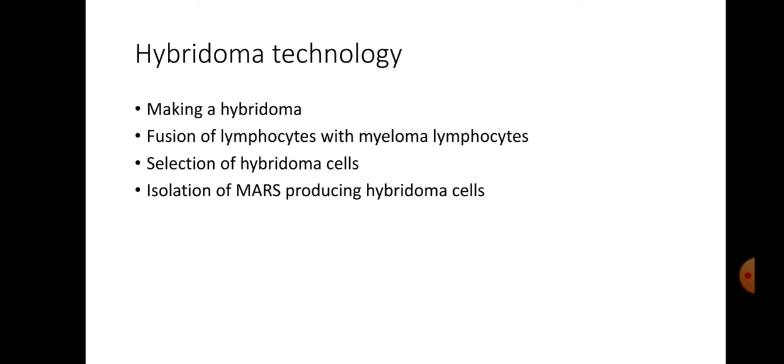The next step in making a hybridoma is fusion of separated lymphocytes with myeloma lymphocytes. Now we have myeloma lymphocytes and also normal lymphocytes, so we need to fuse these two in order to produce a hybridoma cell. After washing, the lymphocytes are mixed with myeloma lymphocytes of the HPRT negative cell line.